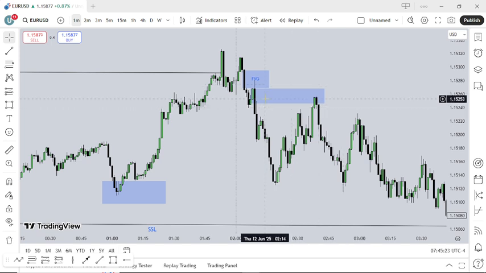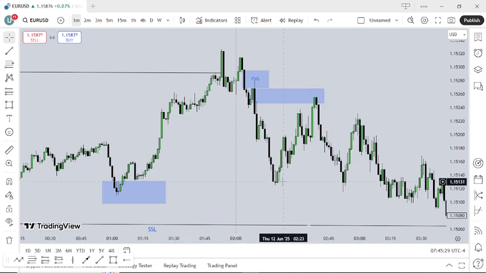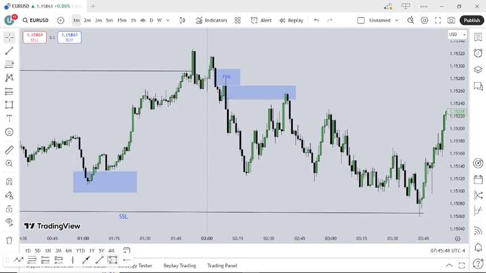See this, after this fair value gap formed, we have an order block that formed again, and notice how price fell to this point, retraced to this point, and immediately it got to this order block here. Just notice how the bodies of the candles each stop at that point and then began to sell down again.